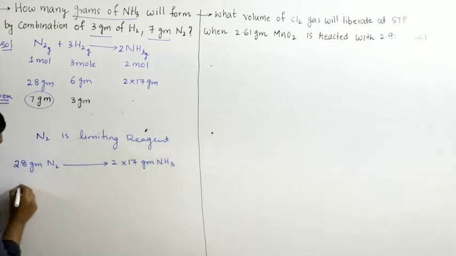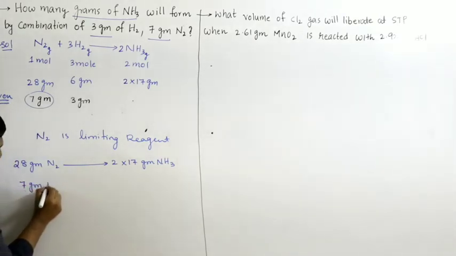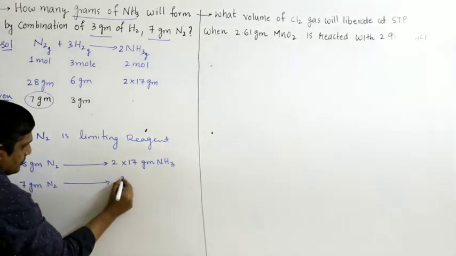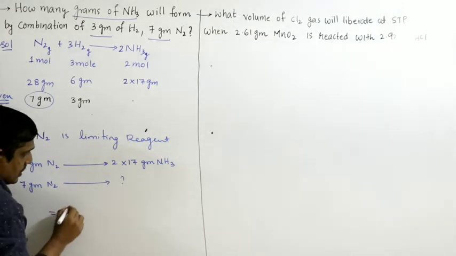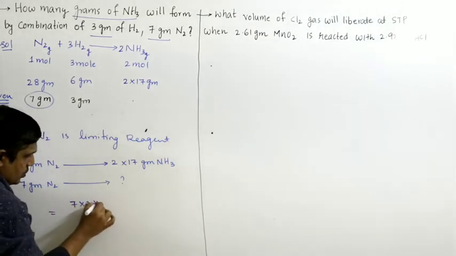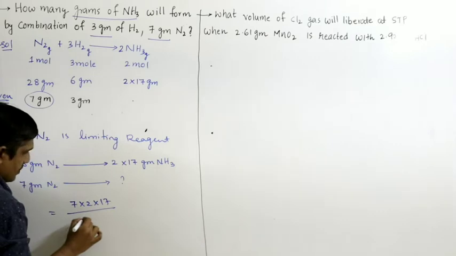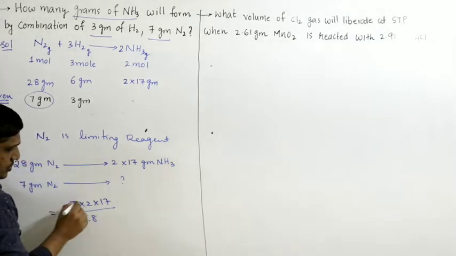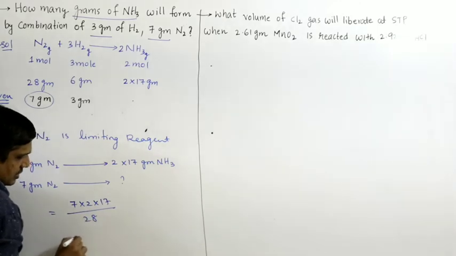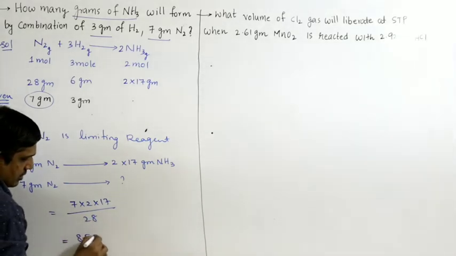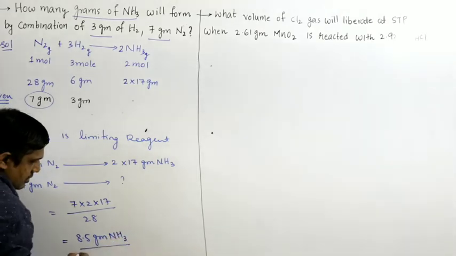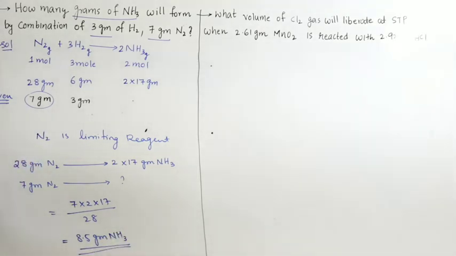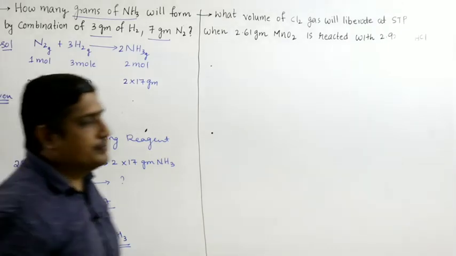But we have only 7 grams of nitrogen. So, this is equal to 7 into 2 into 17 by 28. So, this is 2 times. We will get 8.5 grams of ammonia.